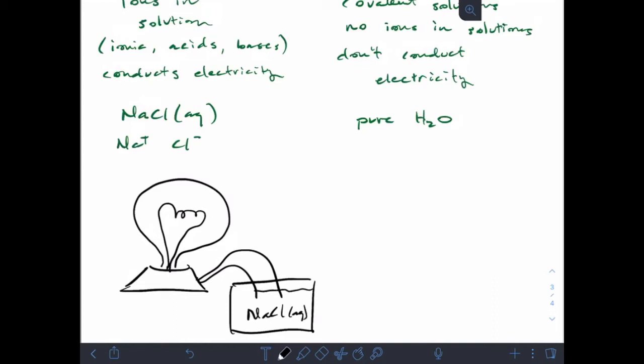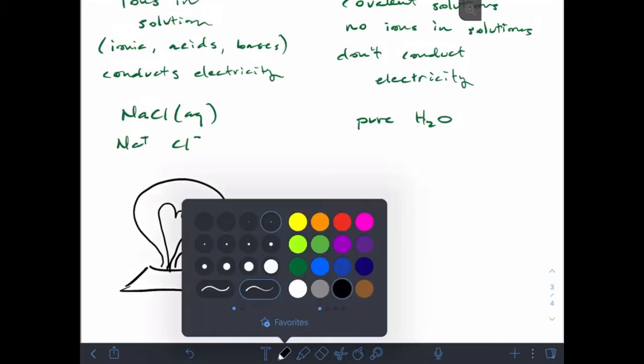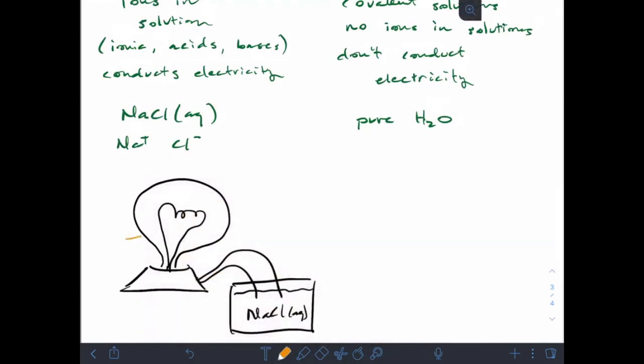This is a liquid solution. My light bulb will shine, because sodium chloride solution, sodium chloride in water, will conduct electricity.